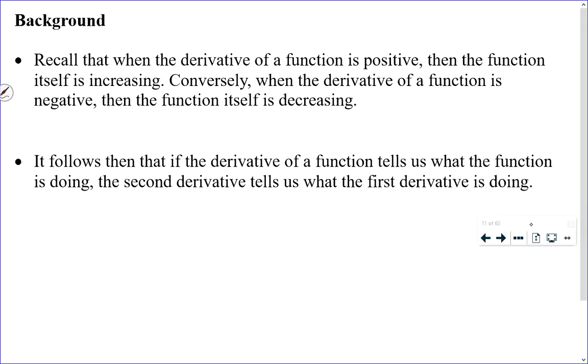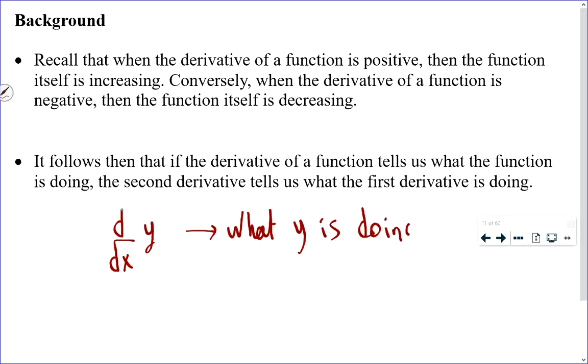Because the second derivative of a function is the derivative of the derivative. Let me write this out. The first derivative tells us what y is doing. It's the derivative of y, so it's telling us what y is doing.